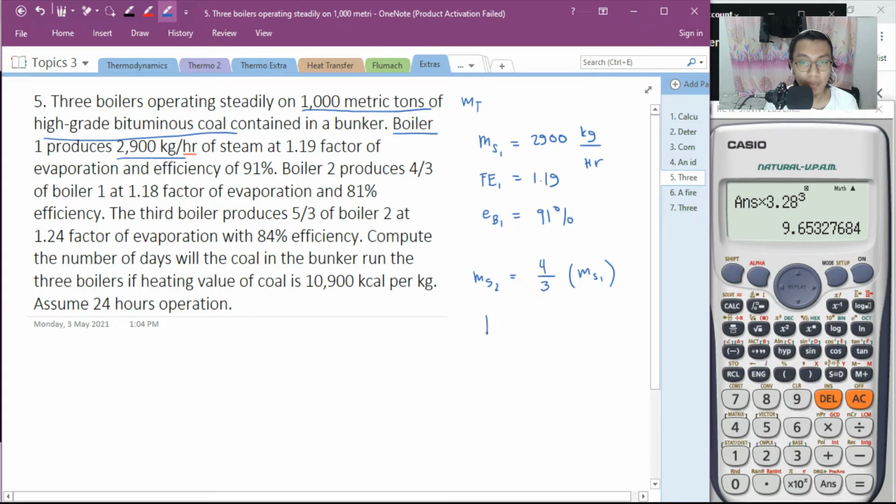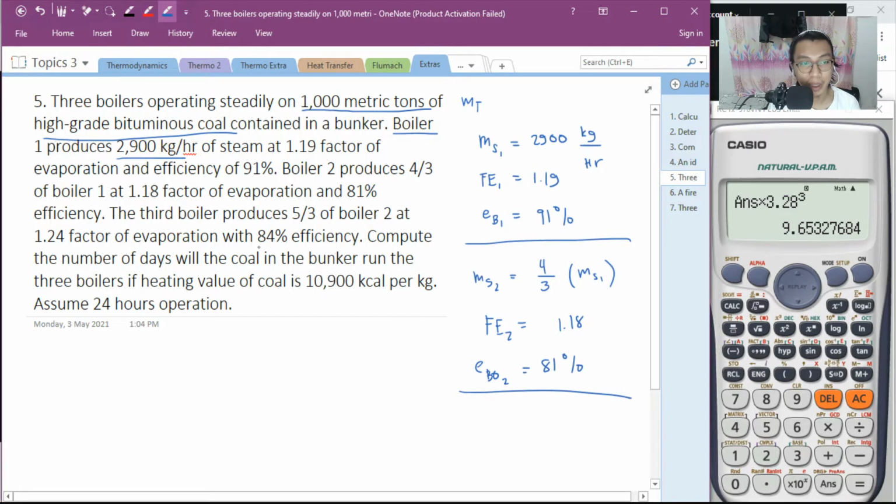And factor of evaporation daw nito is 1.18. Napakahaba ng problem na to. Okay, kaya tutok lang. Paborito natin to. And then the boiler efficiency nito is 81%.